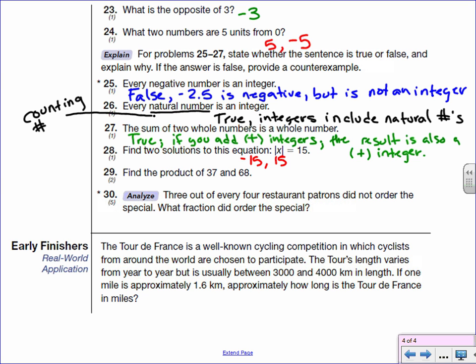Find the product of 37 and 68. Well, if I take 37 times 68, 7 times 8 is 56. I put the 5 up top. 8 times 3 is 24, plus 5 is 29.